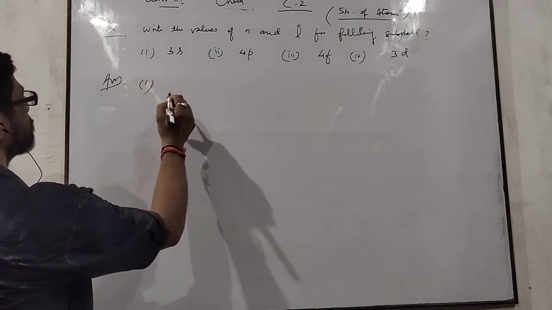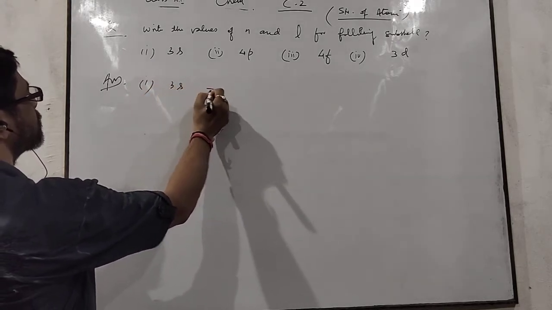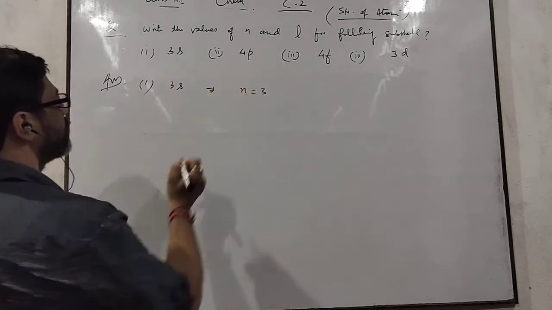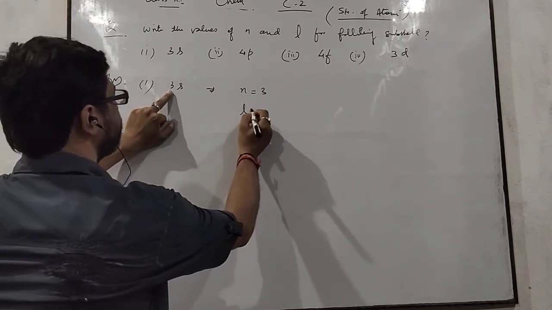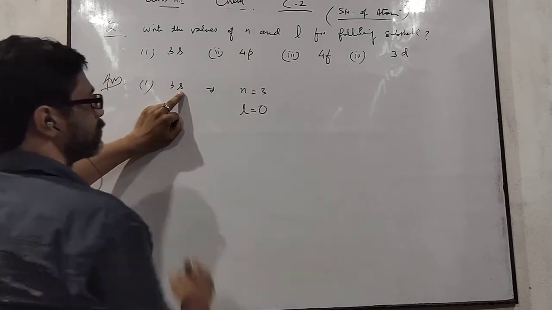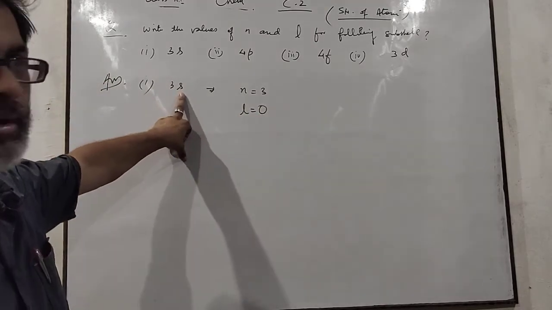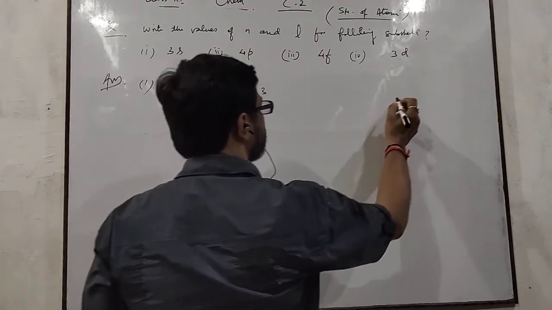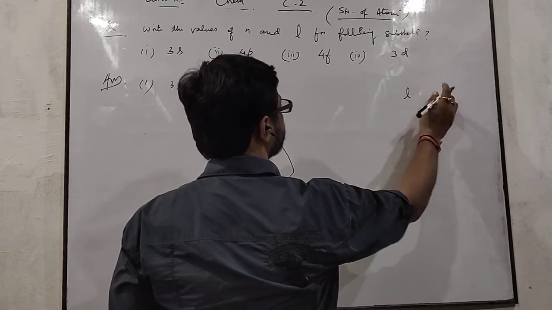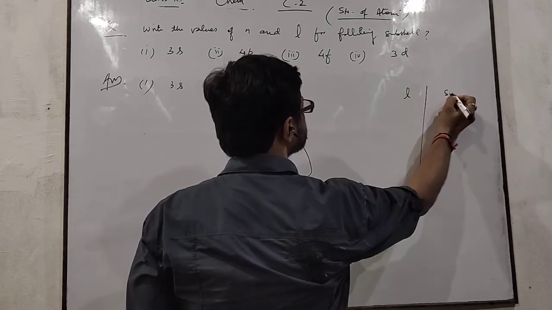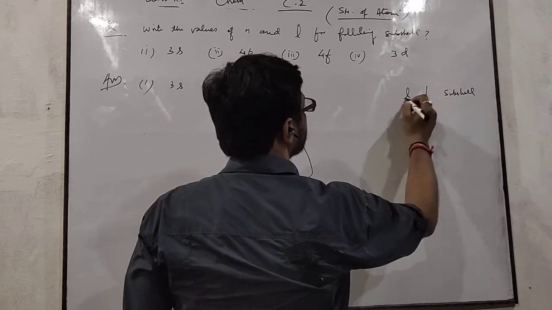For the first one, 3s, the value of n will be 3, and the value of l will be 0. How does this take place? In my previous lecture, I told you the values of l represent subshells.